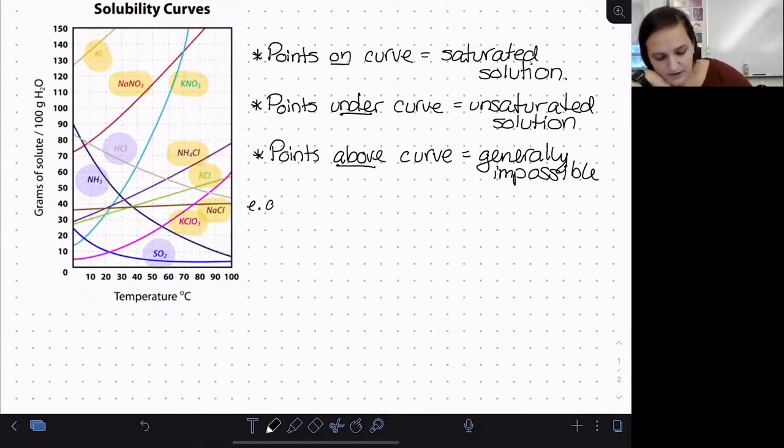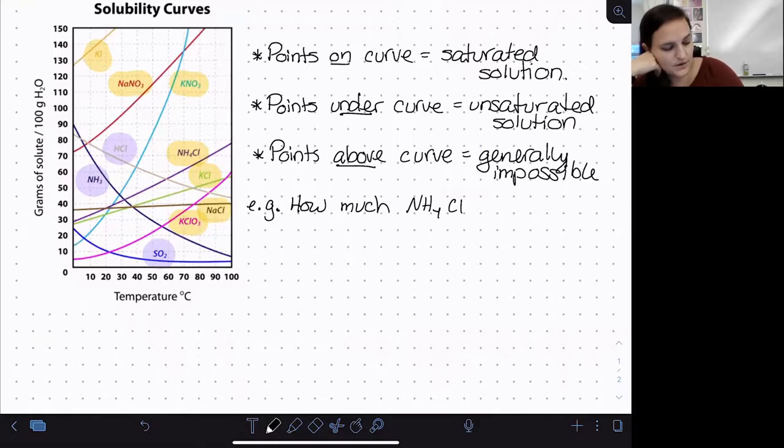We can read information off the graph that will allow us to figure out how we can make a saturated solution. We can use this data in a number of different ways, really.